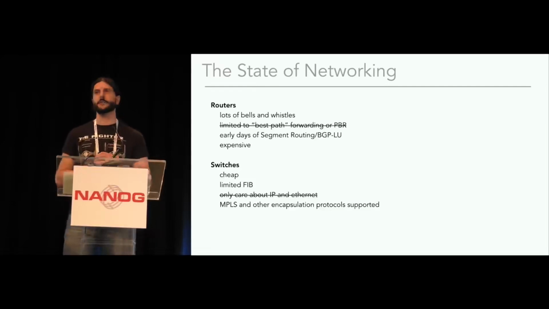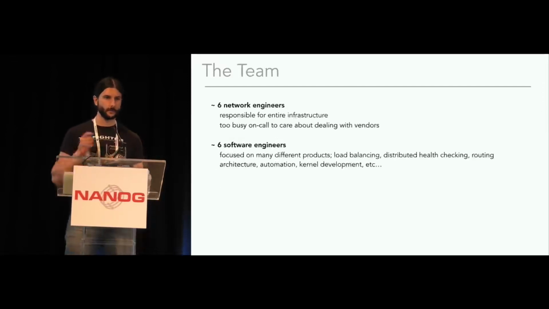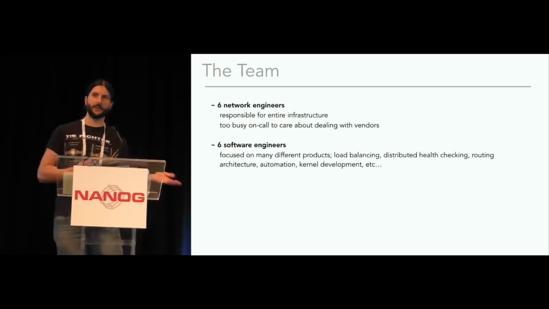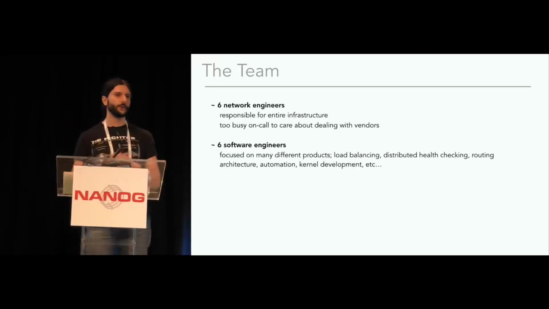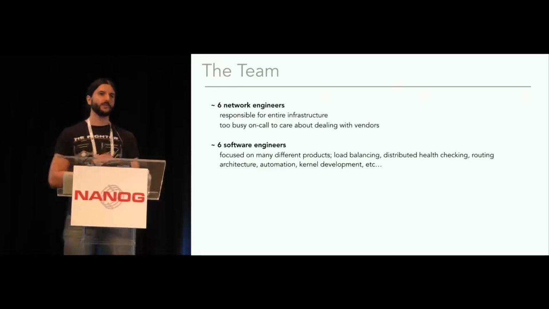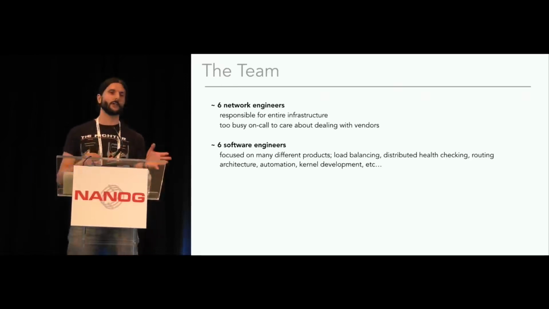And switches started to have more modern ASICs that could do encapsulation protocols like MPLS or VXLAN. So that was interesting for us. Now the team had grown quite a bit. We had now 6 network engineers, still busy doing all sorts of stuff. But we had 6 software engineers to work on an actual solution that involved less hacking and more doing things properly.